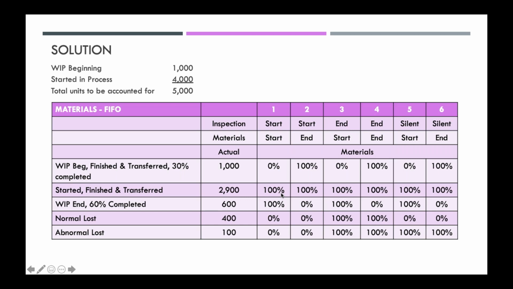Again, ang ruling natin, kapag yung inspection is done at the beginning, at the start, we will assume na yung units na yon are already lost at the start. So therefore, hindi na siya nalagyan ng materials nung dumaan siya dun sa proseso na yon. Bago pa nag-start yung process, wala na siya. So therefore, wala nang materials na nailagay sa kanya. Kaya 0%, 0%.